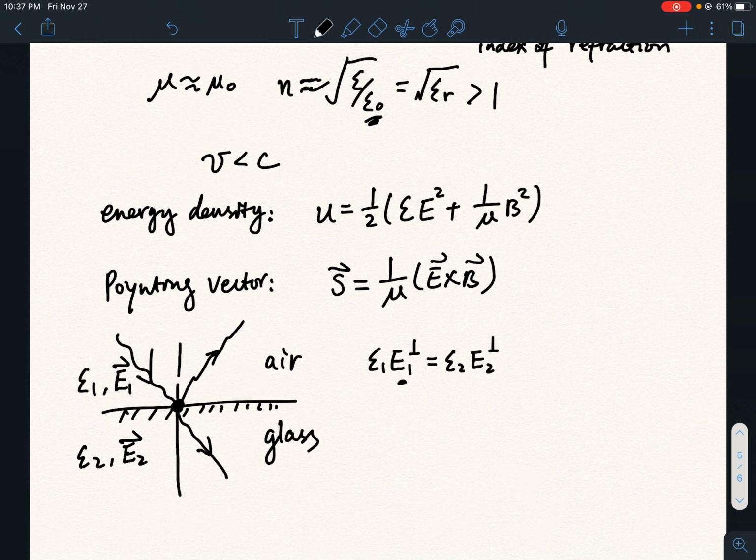For the components perpendicular to the surface, which in this case is this direction, if this is the unit normal direction, the E component along this direction satisfies this: epsilon 1 E1 equals epsilon 2 E2. For B, it is this.